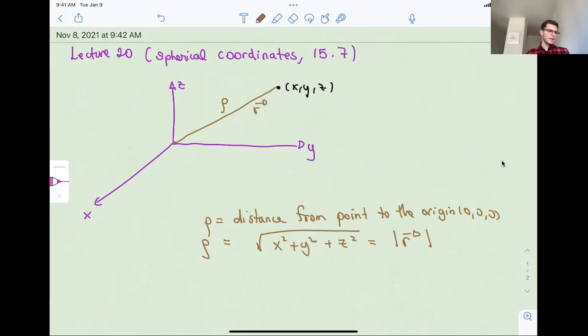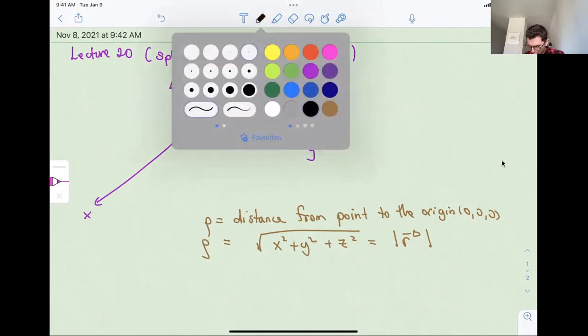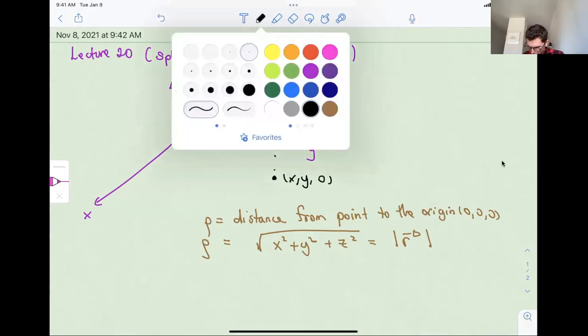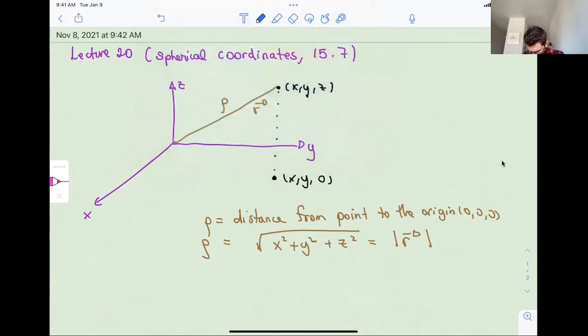Okay, and then when you look at the shadow that this point makes on the xy plane, there's a shadow here, x comma y comma 0, and there's some angle theta.